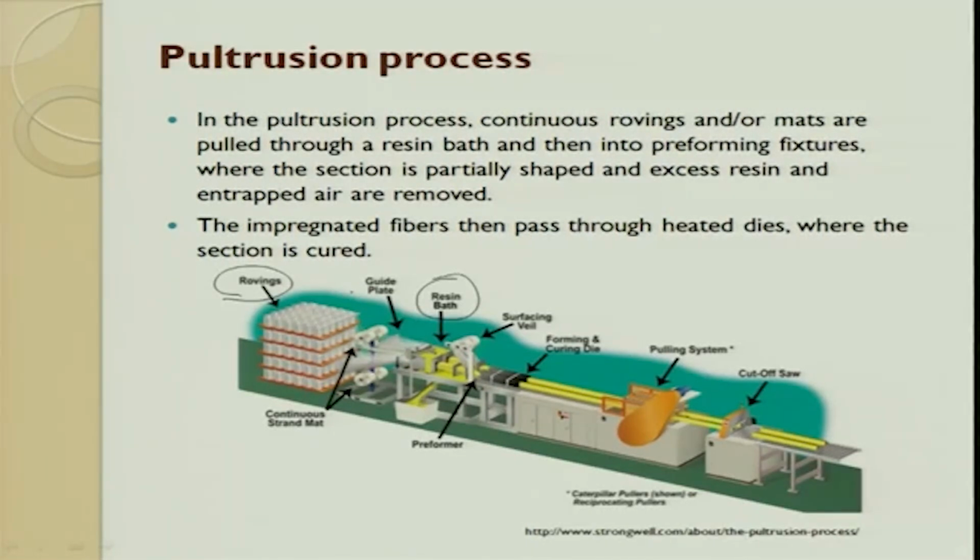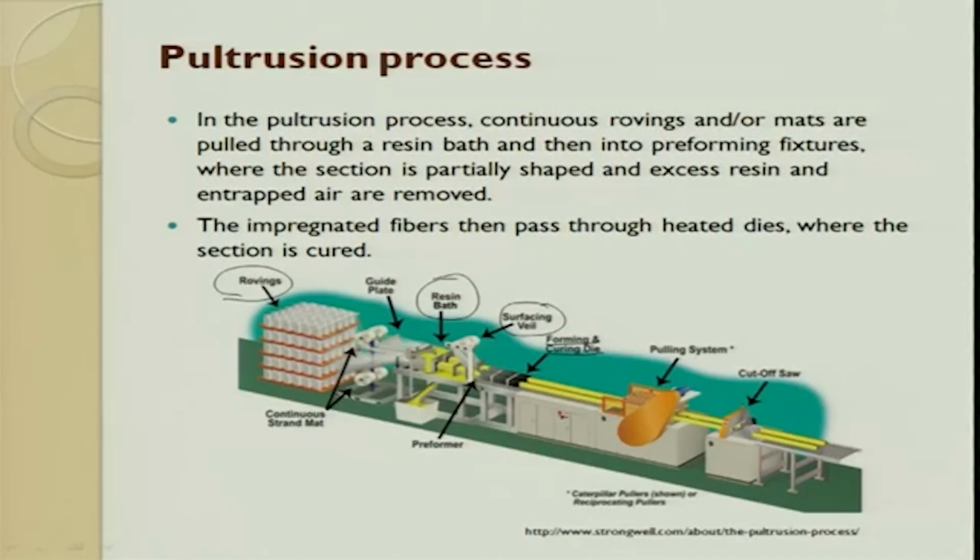In this resin bath, the glass fiber is wetted and it is further passed through. After it is wetted, the surfacing wheel acts and then it gets into a die, where forming and curing happen as it passes through. The moment it gets a shape, it is slowly getting cured.